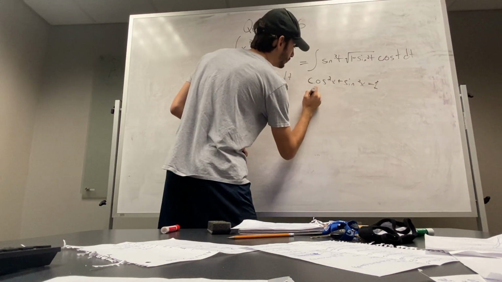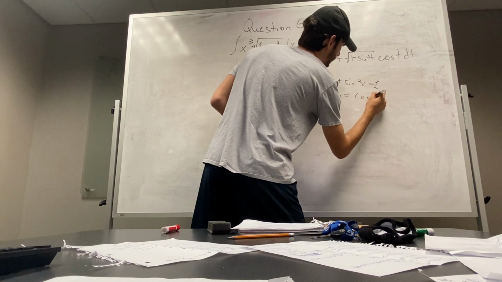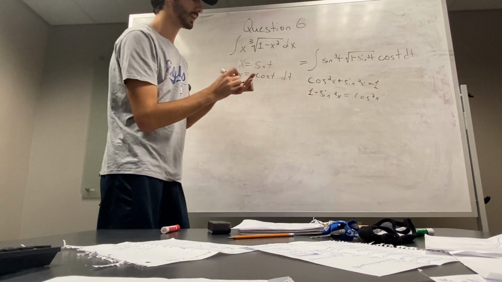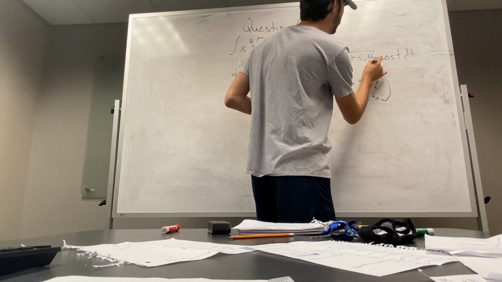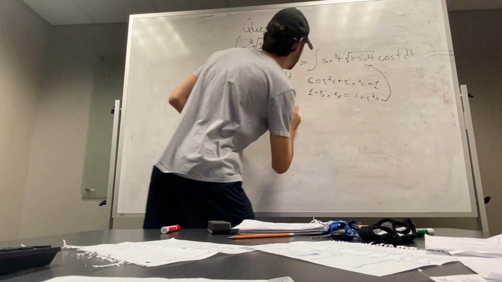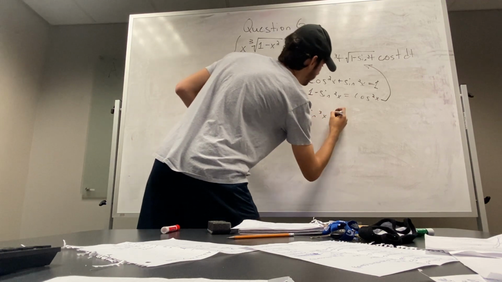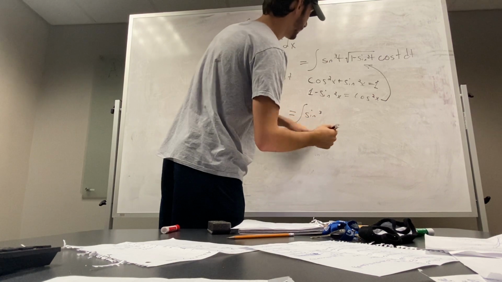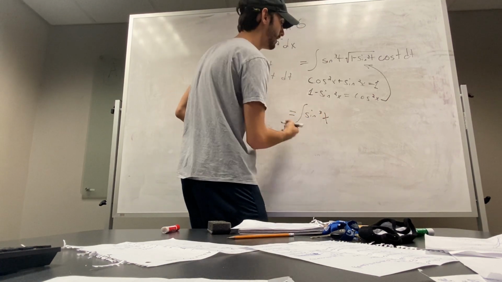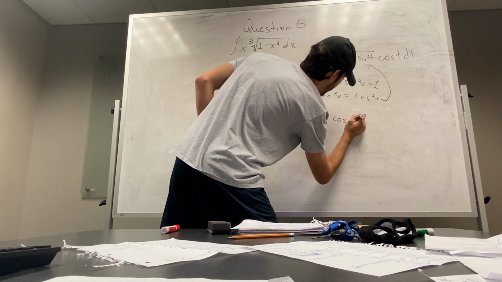We can turn this into 1 minus sine squared x equals cosine squared x. So now we're going to have cosine squared replace this value in here, which is going to give us sine cubed t, not x, t, because we've replaced our values. We are going to have cosine.